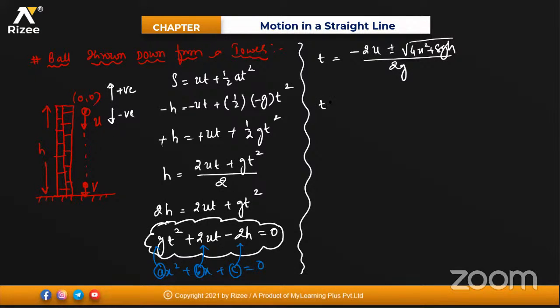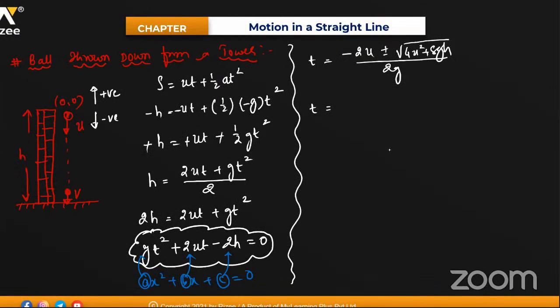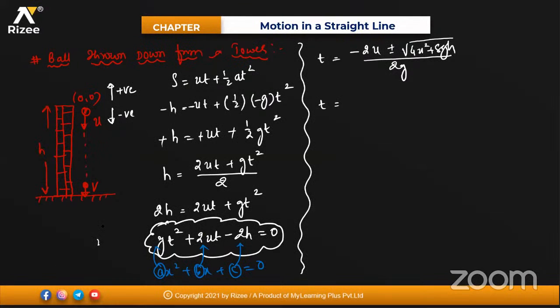Simplify this: minus 2u plus or minus, I can bring the 2 out, so this will become under root of u squared plus 2gh, divided by 2g.